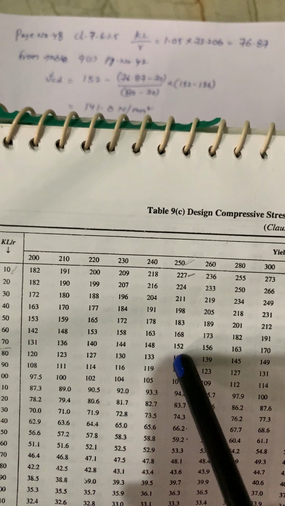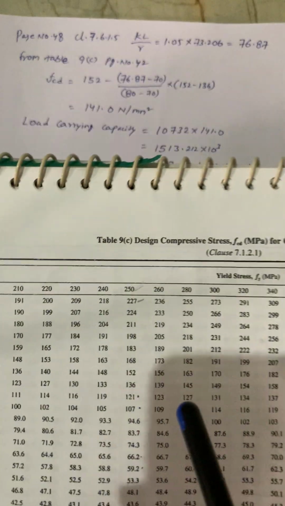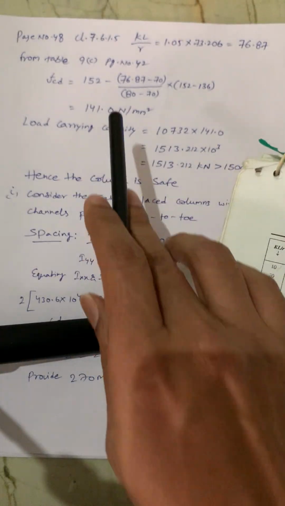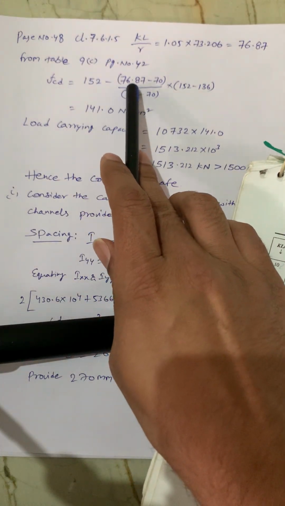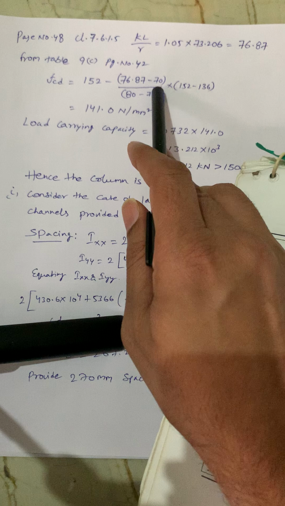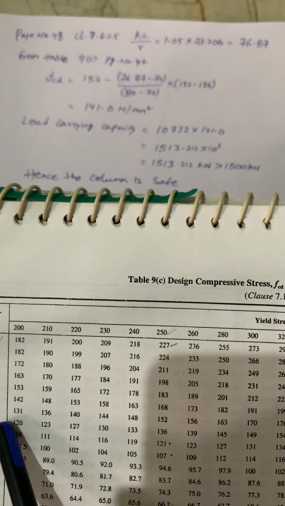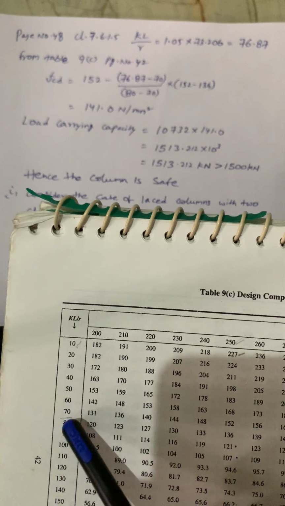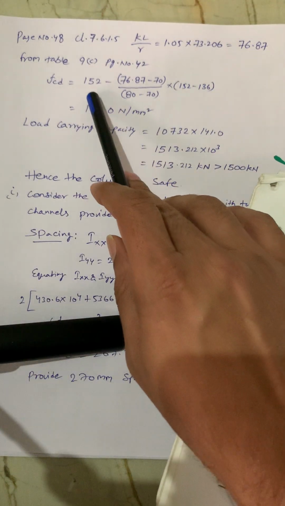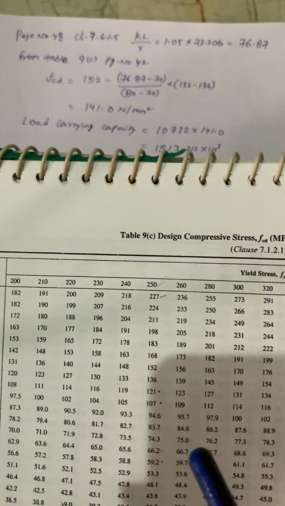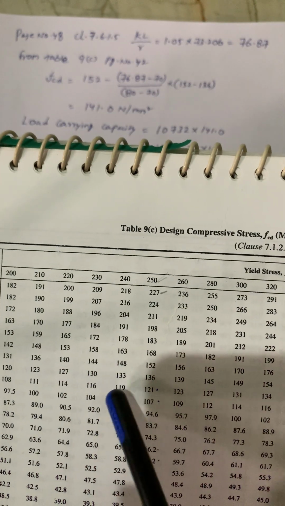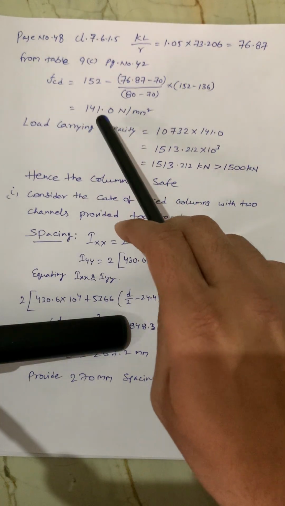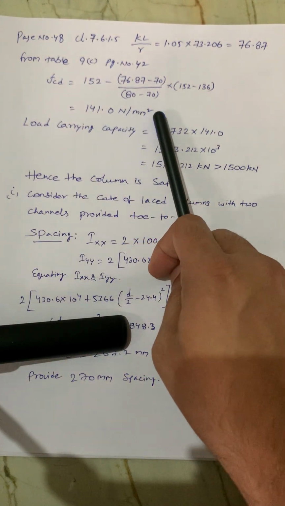Interpolation is nothing but, here see, 152 minus 136, multiplied by 76.87 minus 70, divided by the difference between these two, 80 minus 70, and the result subtracted from 152. By doing interpolation, I got 141.0 Newton per mm square.